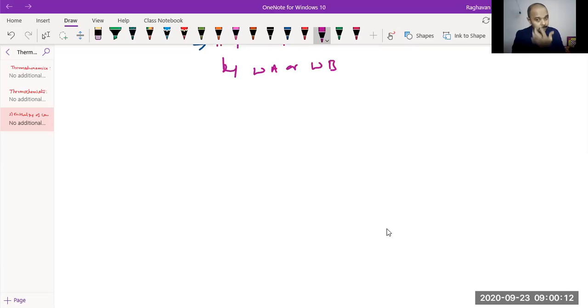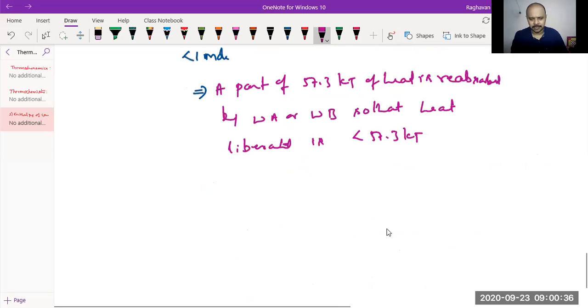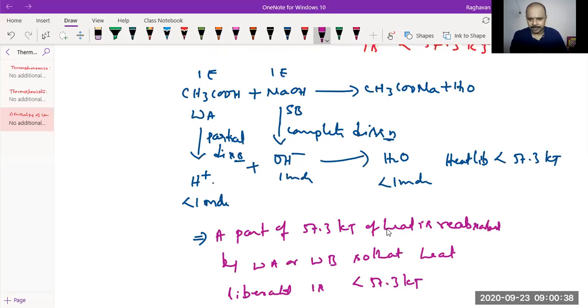So that heat liberated is less than 57.3 kilojoules. If both acid and base are weak, then heat liberated will be much less, because both of them would reabsorb. Okay. I think someone has given this answer for weak acid and weak base. That's the correct one. Okay. So this is the reason.